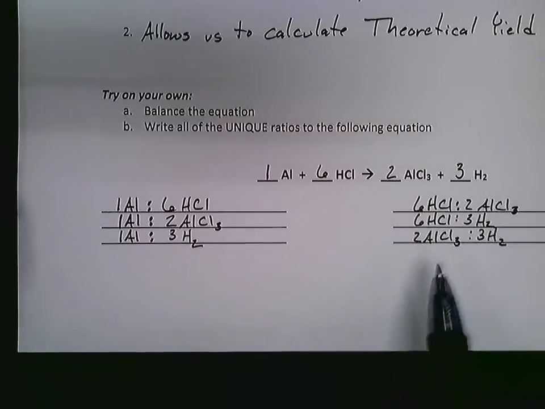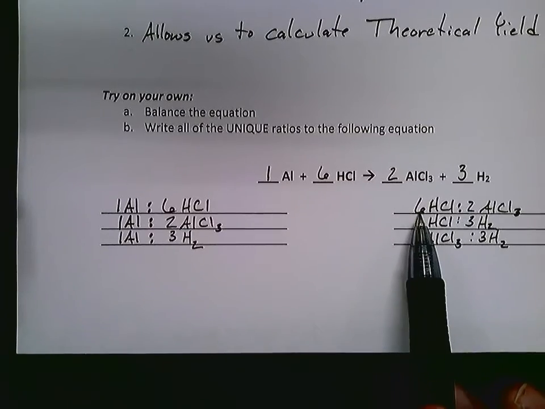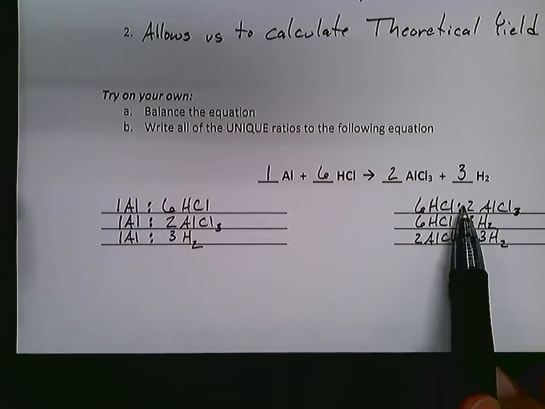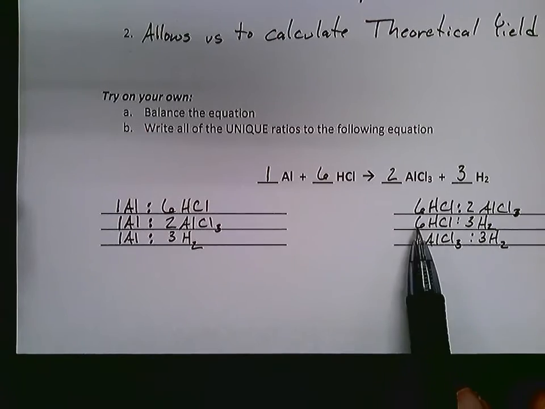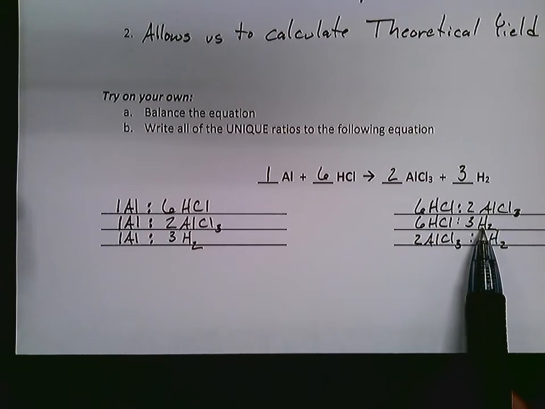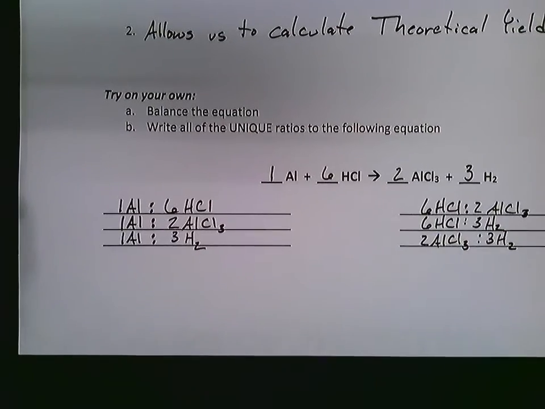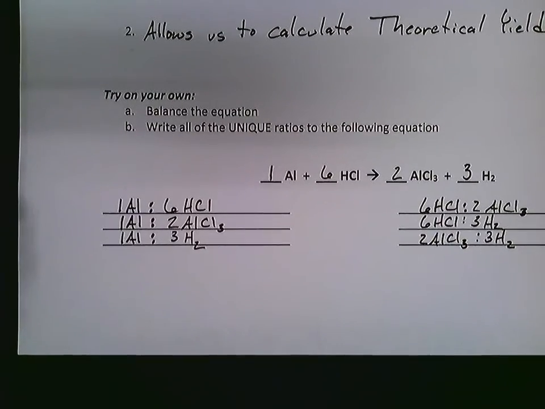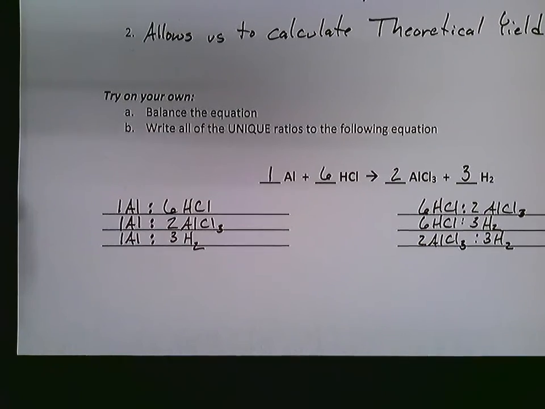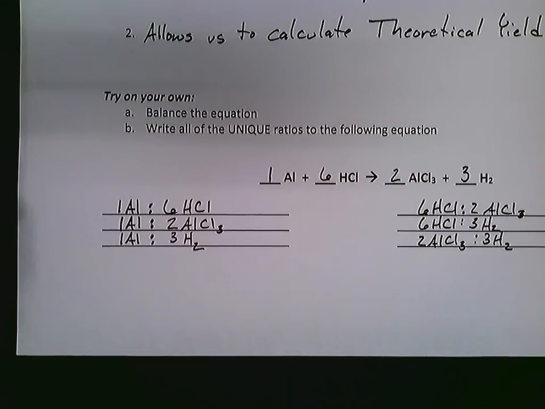Once again, you'll notice I do have an opportunity here, like 6 to 2 could become 3 to 1, and 6 to 3 could become 2 to 1. So you can simplify if you wish. Again, I prefer taking the numbers as is because it's easier to check.